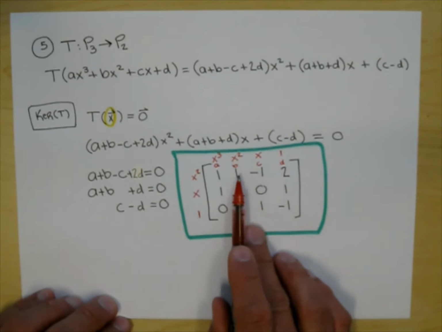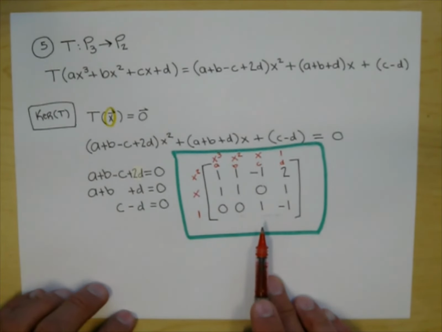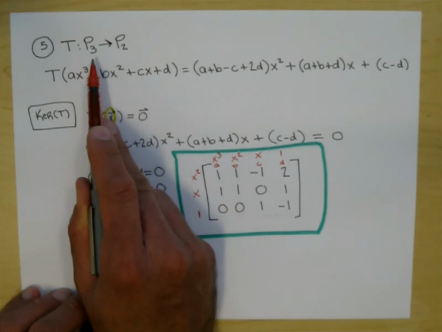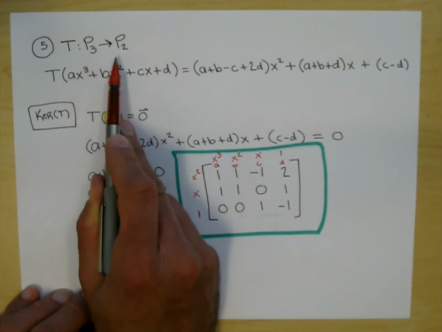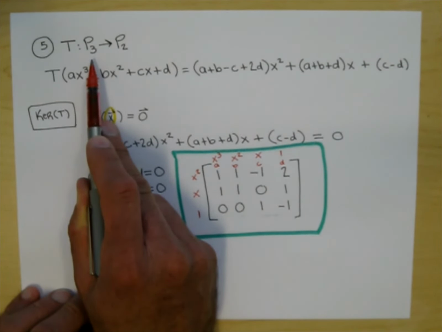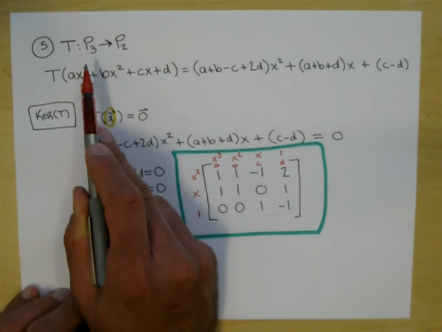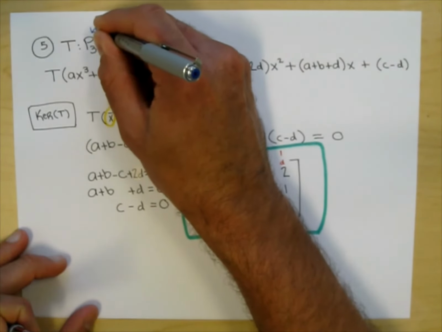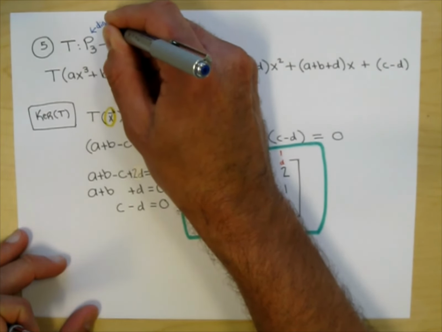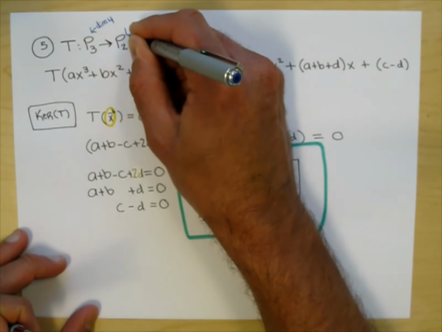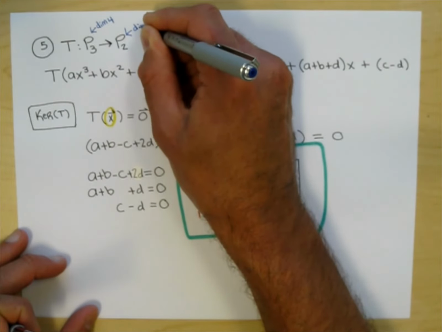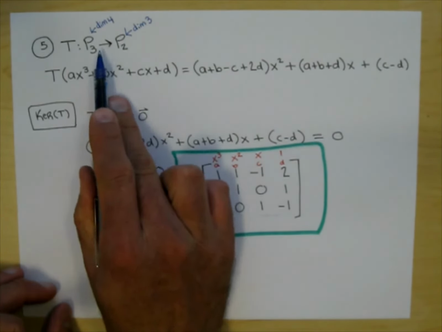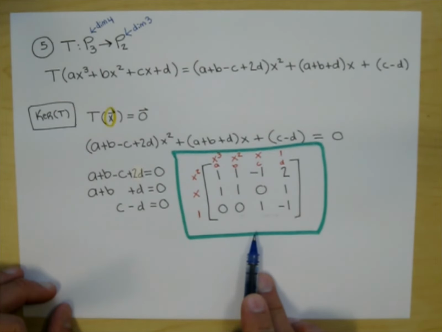So this matrix is kind of unique because remember we said there wasn't a matrix of T for things that weren't going from Rn to Rm. But watch this. This guy here has dimension what? Dimension 4. And this guy over here has dimension 3. Look at the size of this matrix right here.